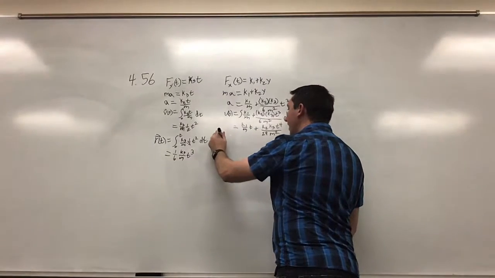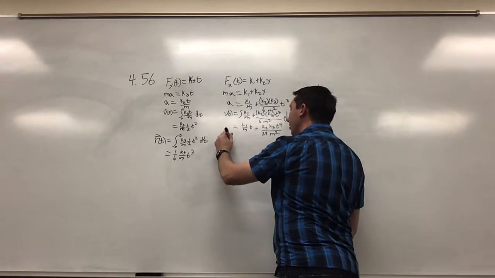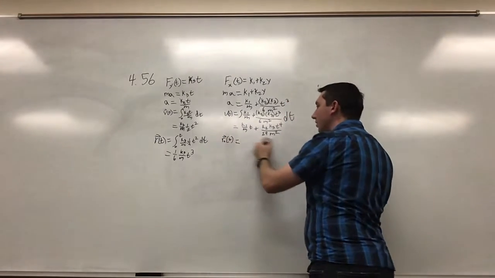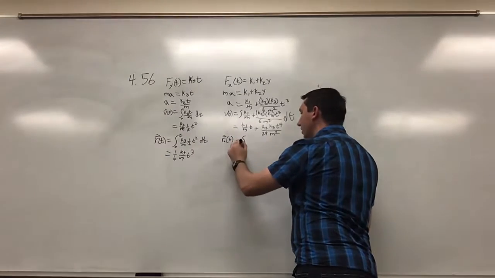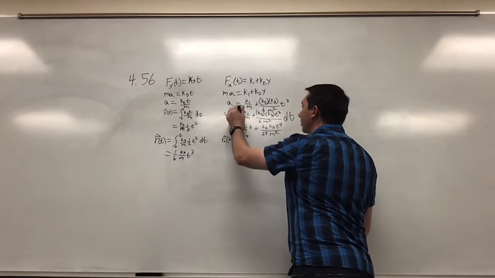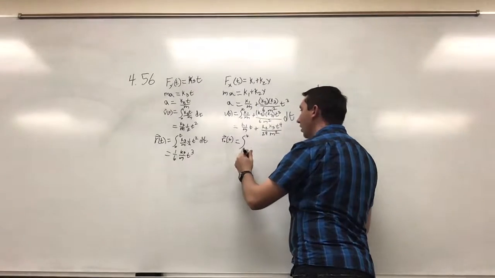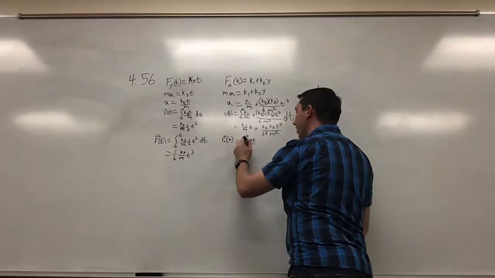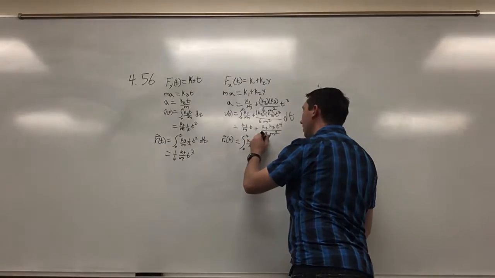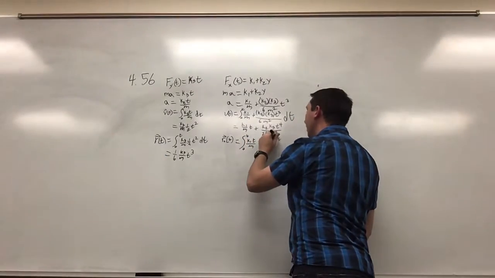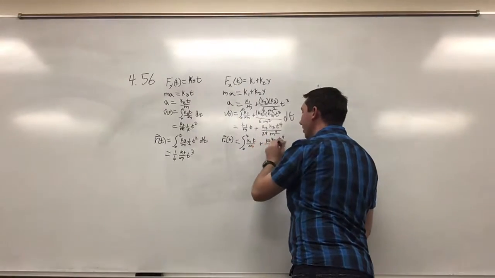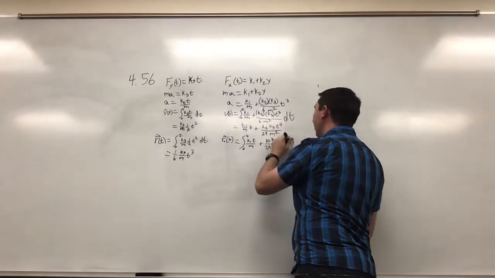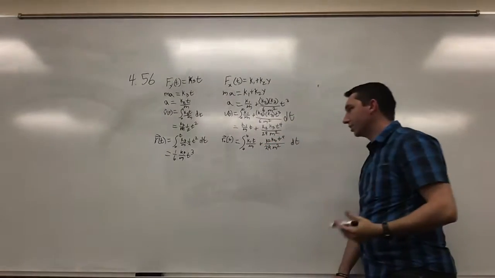We can then find that the position with respect to time in the x direction is going to be equal to the integral of this again. So we take the integral from 0 to t of k1 t over m plus k2 k3 t to the fourth over 24m squared, all of that dt.